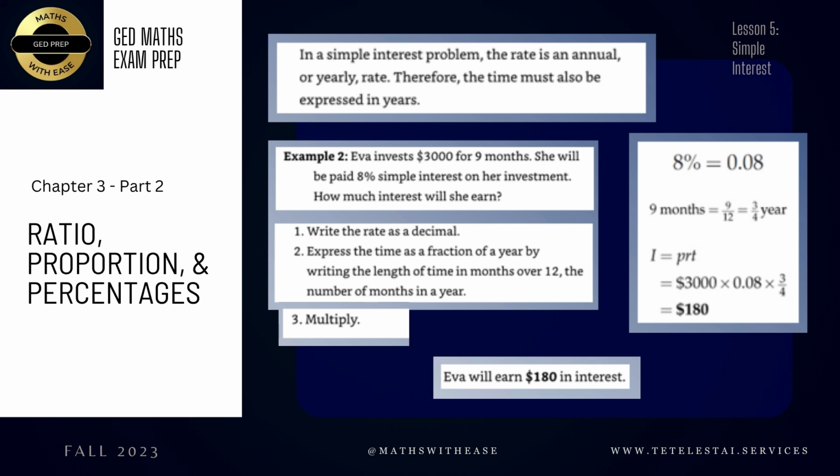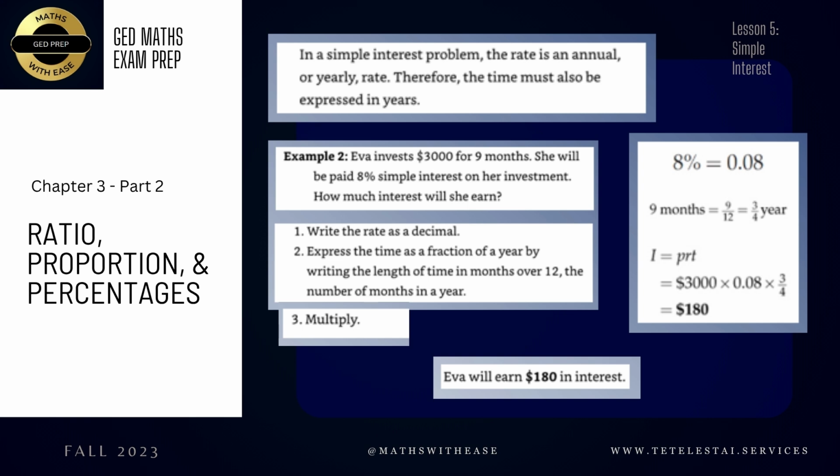So we're going to change 9 months into years. To do that, we'll simply divide 9 by the total number of months in a year, which is 12. And so 9 over 12 simplified will be 3/4 of a year.